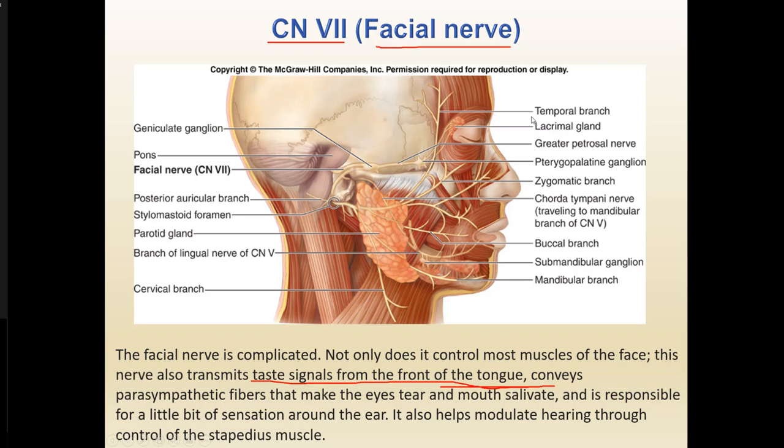We could start naming, for instance, all the branches of each nerve. Each nerve may branch out in specific bundles that take specific names. Look at this, for instance, but I'm not asking you to remember any of that. You just have to remember the names of the 12 cranial nerves with their main function.